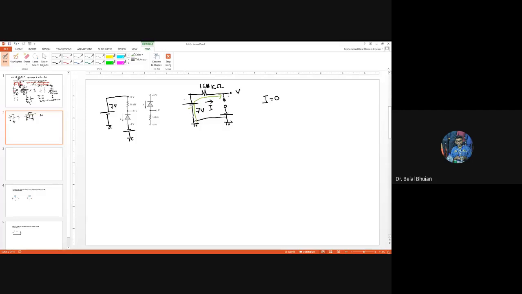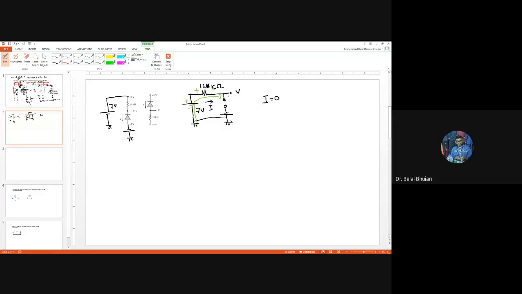So the way I do the KVL, say negative to positive, and let's say a current is flowing, although we know the current is 0, let's assume that a current I is flowing. Since a current is flowing through the resistor, there will be a voltage drop, and the direction of the voltage drop is always, for current, positive to negative.